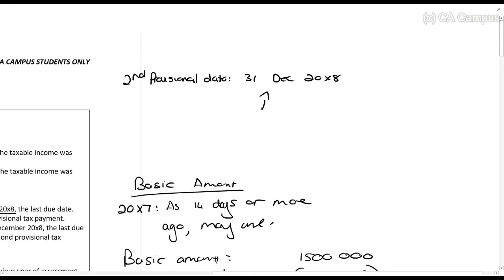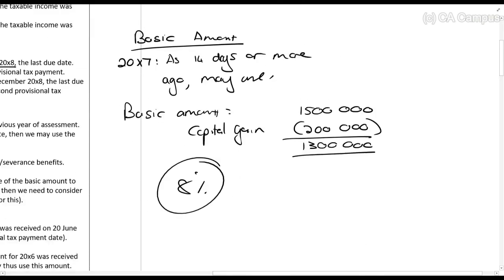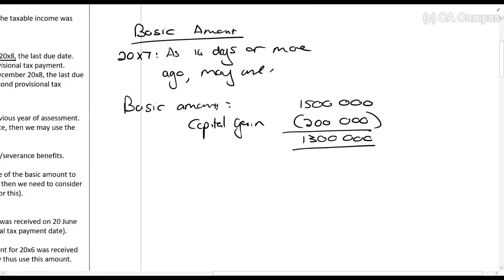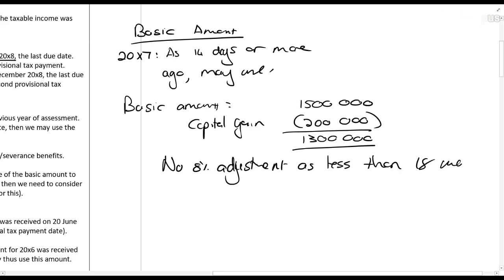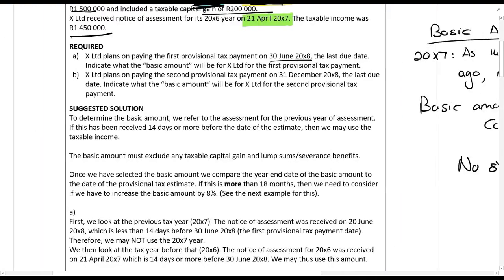So you compare 31 December 20X7 to the date we're making this payment. You say, is there more than 18 months? No, this is exactly 12 months. So there's no 8% adjustment as less than 18 months have passed. Okay, that's it, guys.